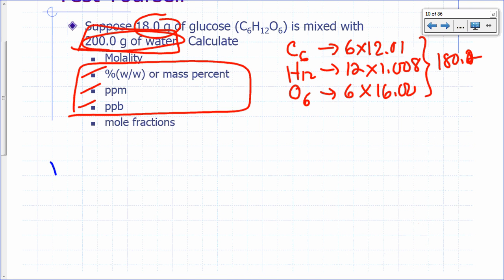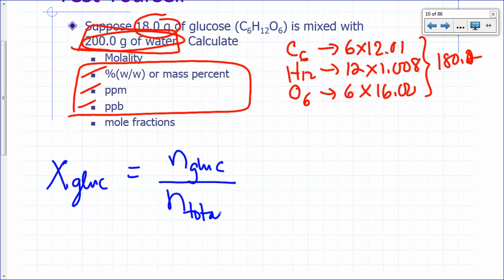The symbol for mole fraction is X. So mole fraction of glucose is moles of glucose over moles total. So how do we solve for moles of glucose? We have 18.0 grams of glucose divided by 180.2 grams per mole.